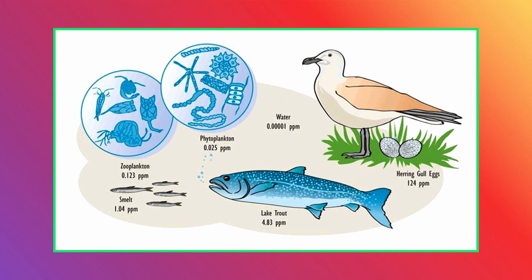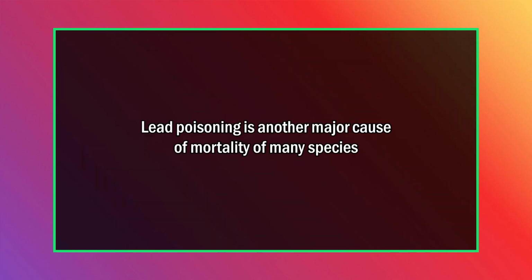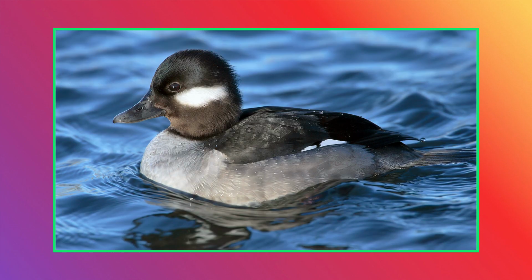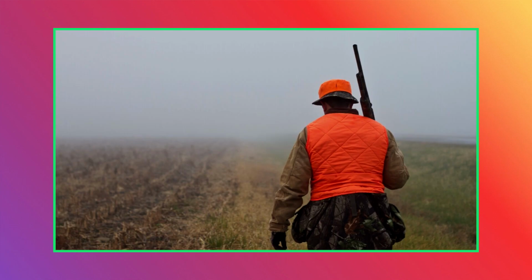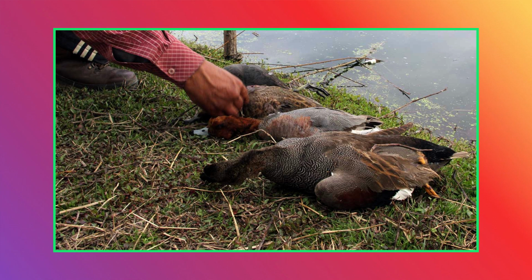For example, pesticides are linked to the decline of fish-eating birds and falcons, and lead poisoning is another major cause of mortality of many species such as ducks, swans, and cranes, as they ingest the spent shotgun pellets that fall into lakes and marshes.